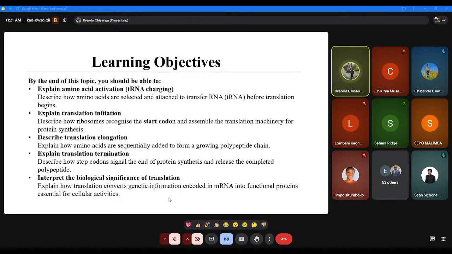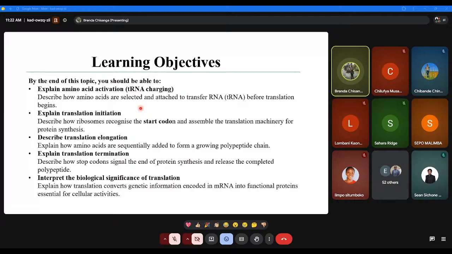What are our objectives in this second part of translation? I'm hoping that by the end of this topic, we'll be able to explain amino acid activation, or should I just say tRNA charging. In this subtopic, we're going to look at how amino acids are selected from the cytoplasm and brought to the ribosome.